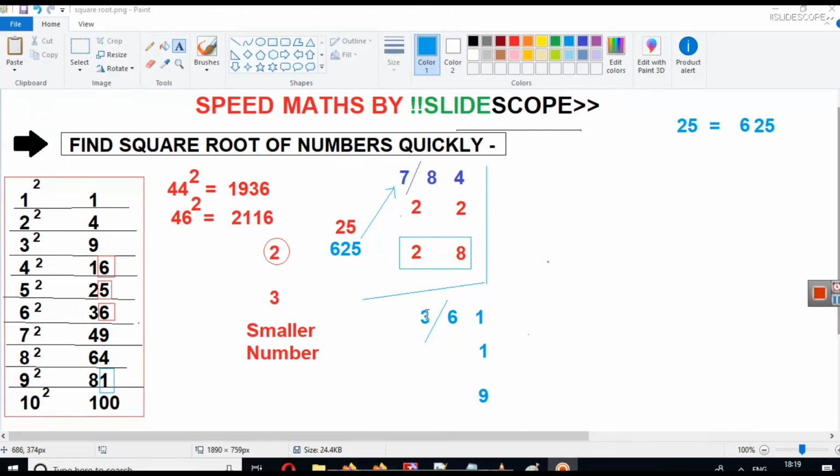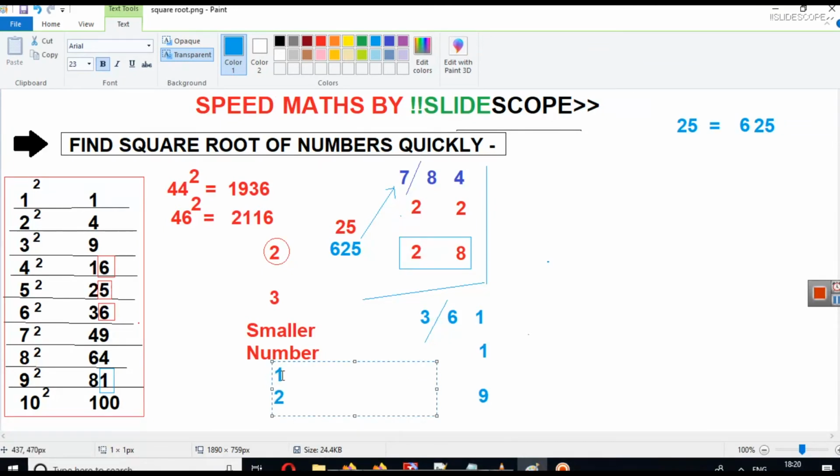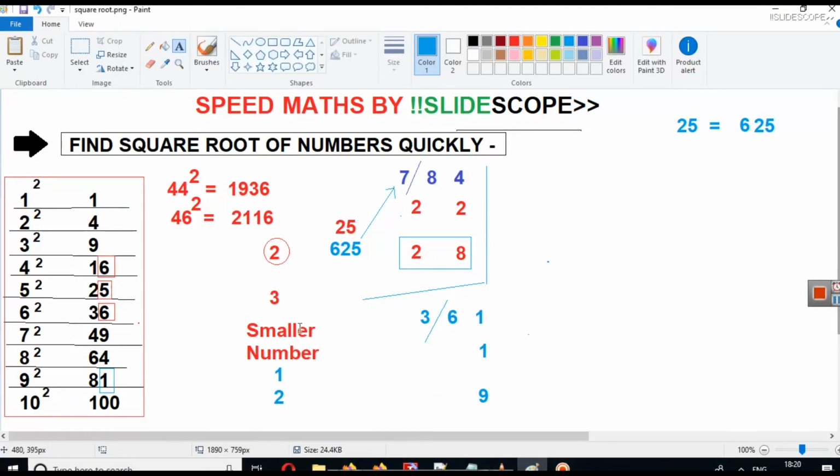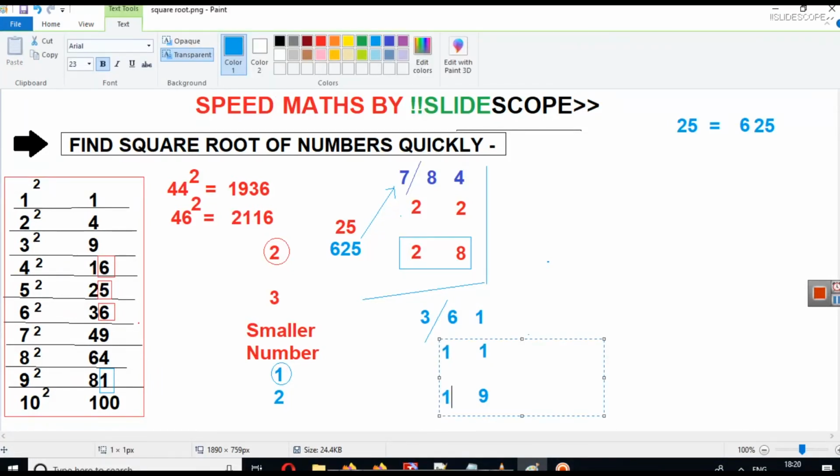Now the number is 3 and you have to look at which two numbers this 3 lies between. So 3 will lie between 1 and 4. Hence the two numbers to be considered are 1 and 2. And as I mentioned earlier, you have to consider the smaller number, so the smaller number is 1 here. So just write 1 here and 1 here.